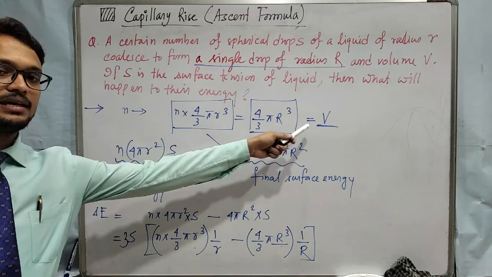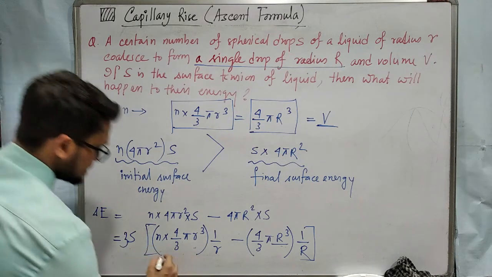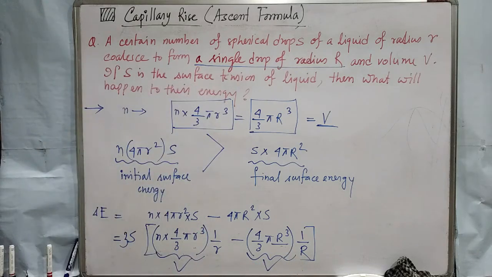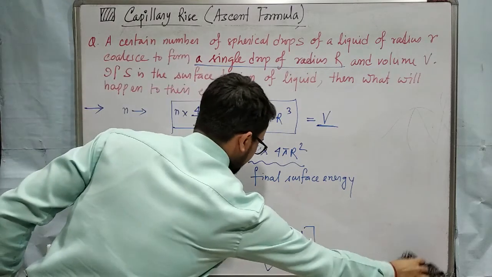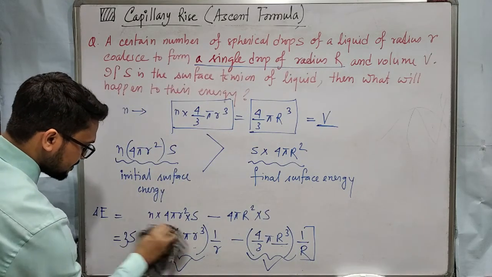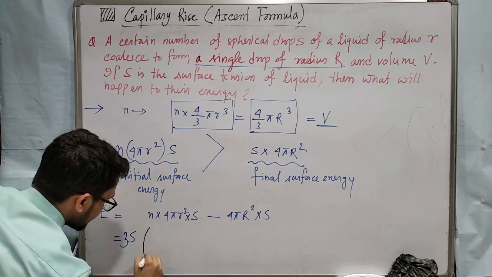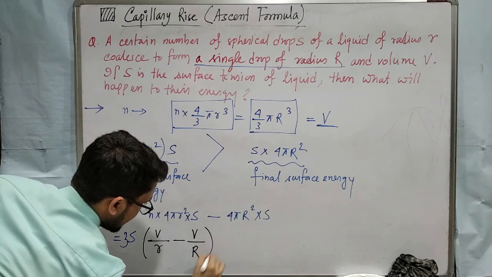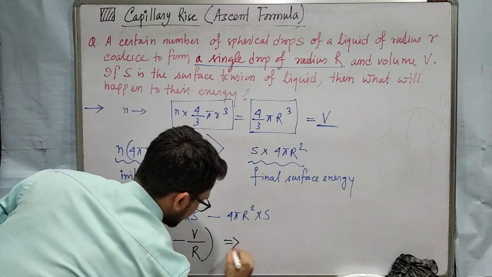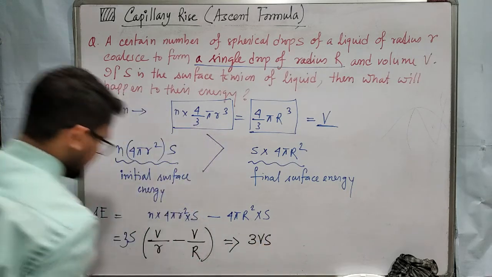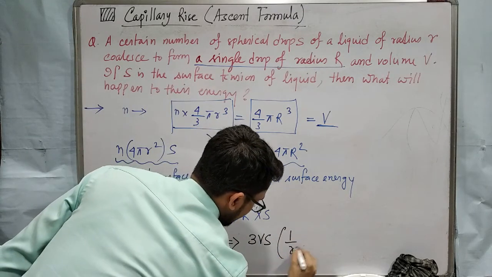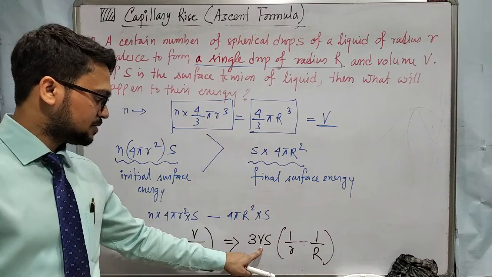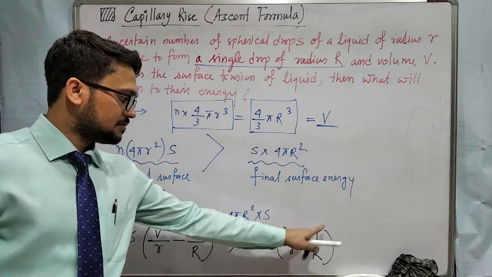It is basically capital V, this one is capital V and this one is capital V. So V by small r minus V by capital R, right? Take V outside, so you will get 3VS times 1 by r minus 1 by capital R. So delta E is 3 into V, where V is volume, S is surface tension, times 1 by small r minus 1 by capital R.